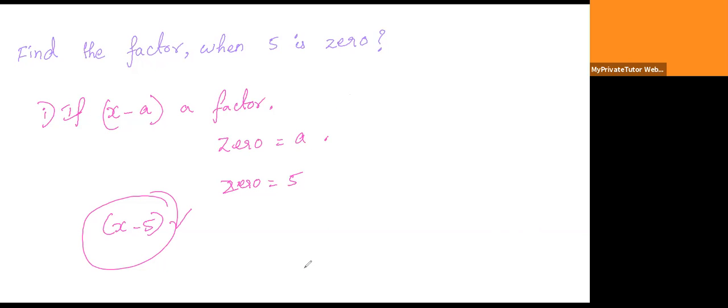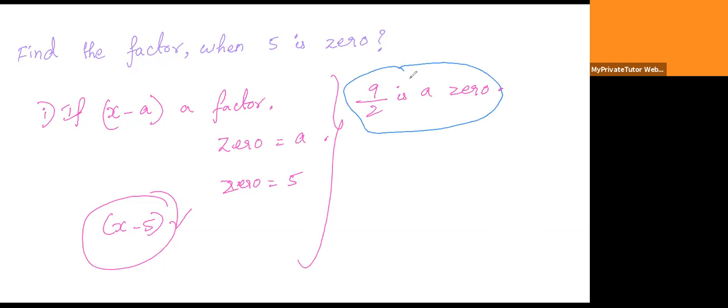Okay, so let's try one more question here itself. Can you please tell me, if 9 by 2 is the 0, what is the factor? Anybody? 9 by 2 is the 0.